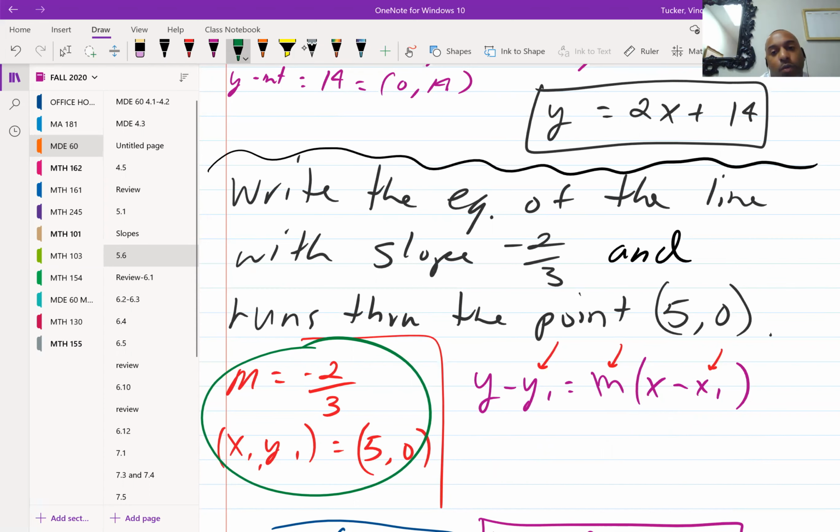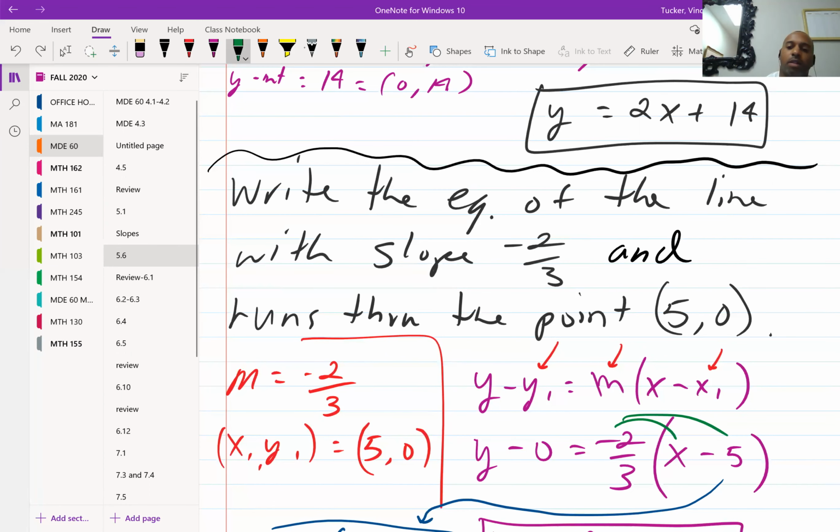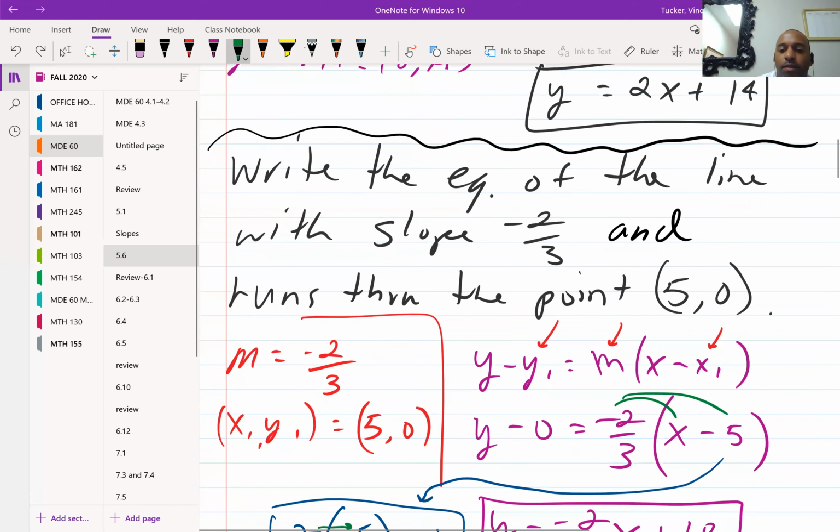And our slope is -2/3. Our point is 5, 0. Plug those values in for y1, m, and x1 accordingly. So we have y minus 0 equal to negative 2/3 times x minus 5.